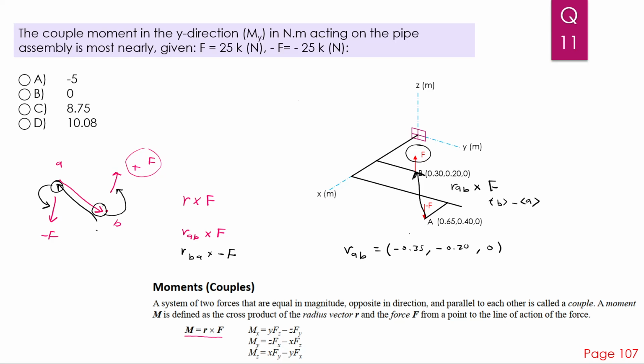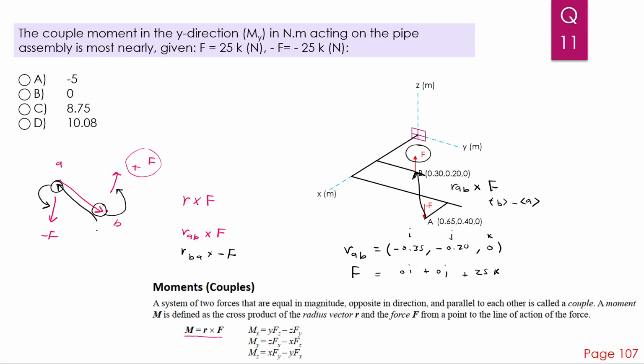So this is our I, J, and K. And the vector F is basically 0 plus 0 plus 25K.